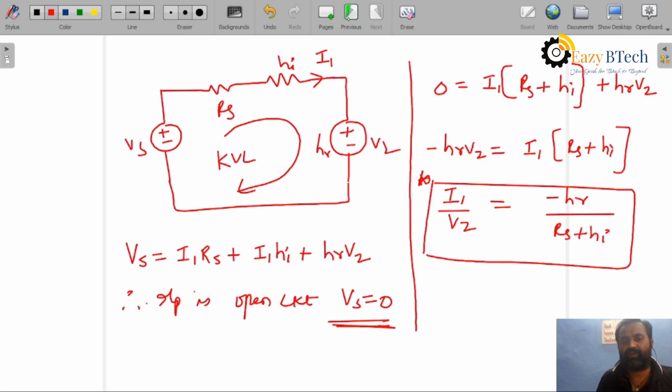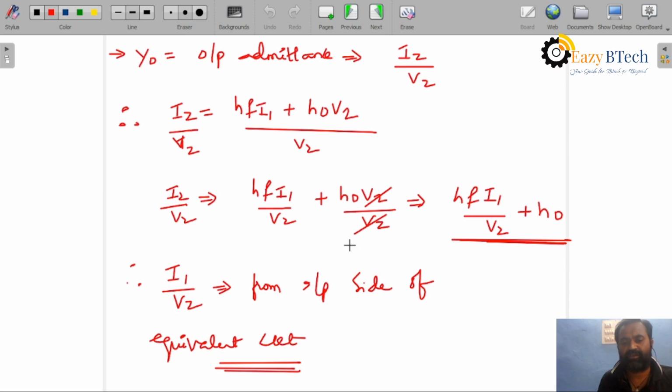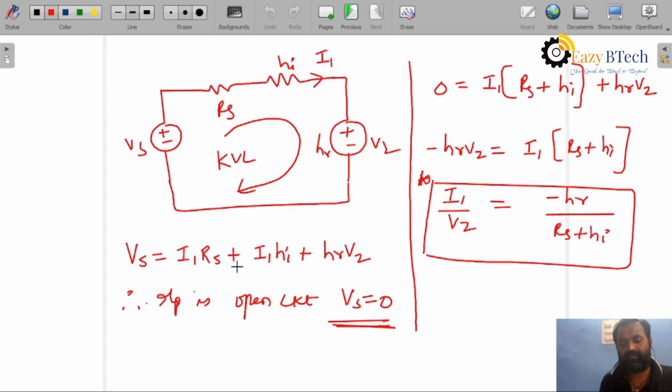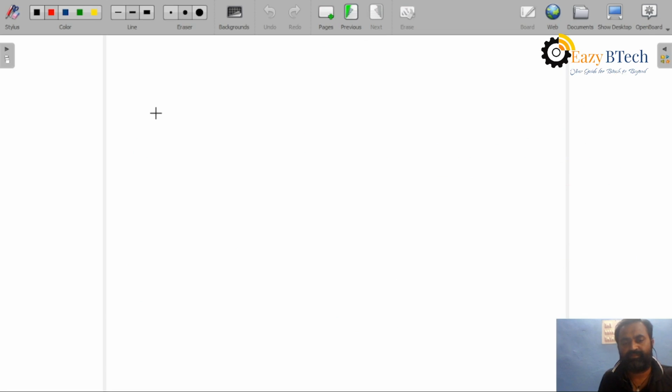Now this value you can substitute in this equation, I1 by V2. Now what you will get? Y0 is equal to I2 by V2 is equal to H0 plus HF into I1 by V2.